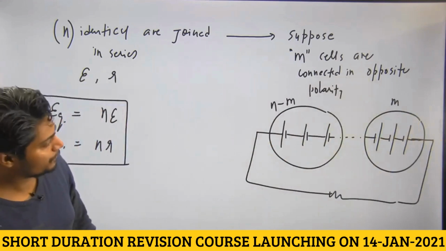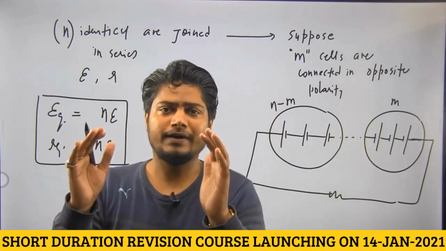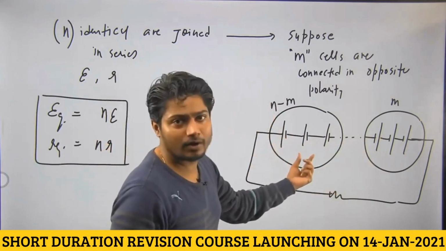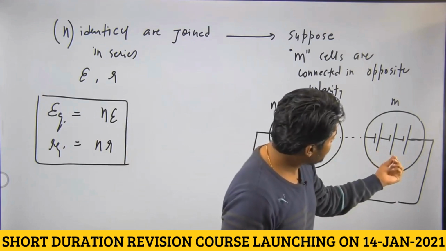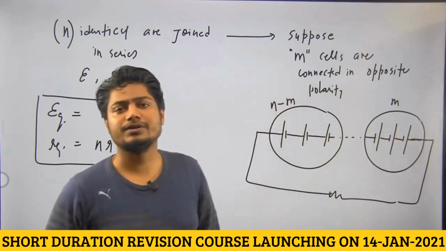So what can we do? We can group them into two so that we can combine them independently. This group is in the same polarity and that group is in the same polarity within itself, but these two groups are in opposite polarity to each other.